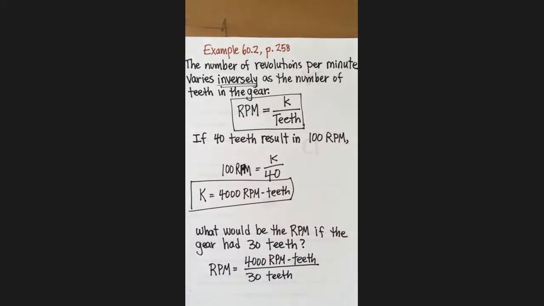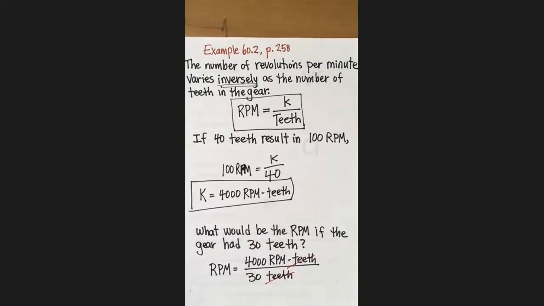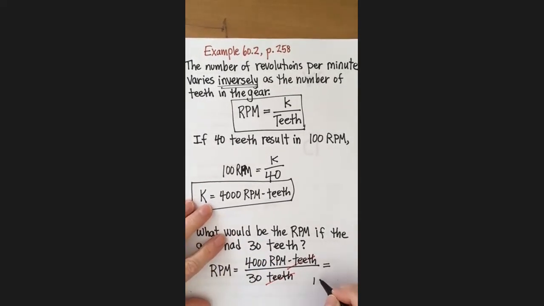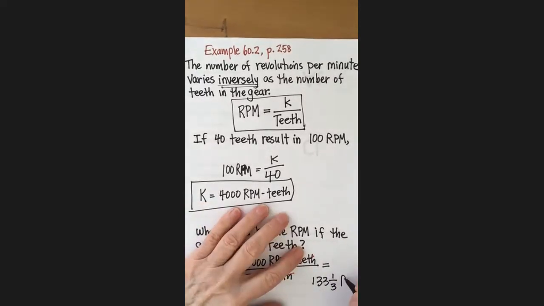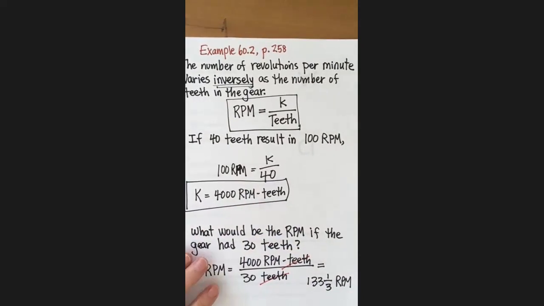Once again, the weird unit is to our advantage, because when teeth cancel out, we're going to have RPMs equals RPMs, and that's exactly what we should have. And so when we do the math, we're going to find out that the final answer is 133 1/3 RPMs. That was a very familiar RPM in my day.